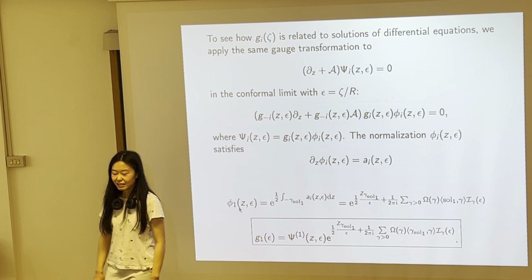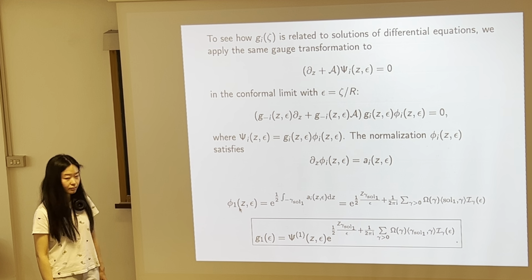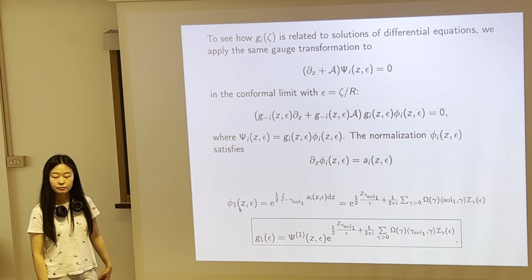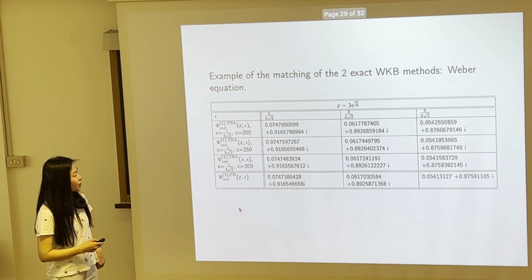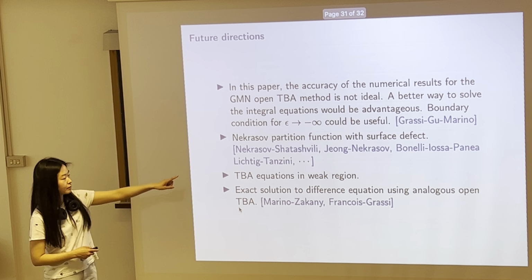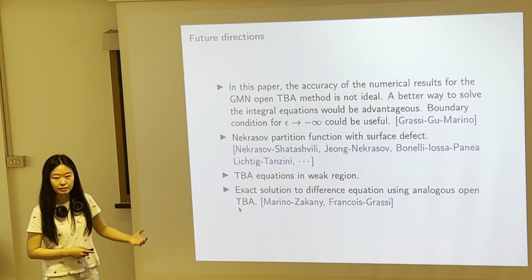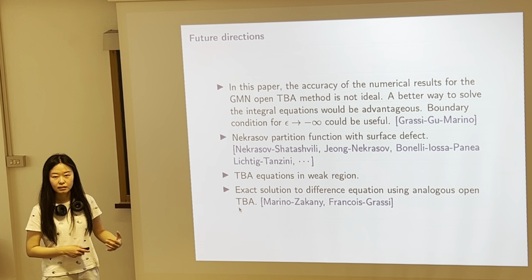Yeah. That's okay. Now, what I wanted to say is that you have the equation for the period, the TBA equation, not depending on Z, and you can do that limit on that equation. But I know that, for example, in this work by Grassi, Gu, and Marino, they use this Zamenhof.